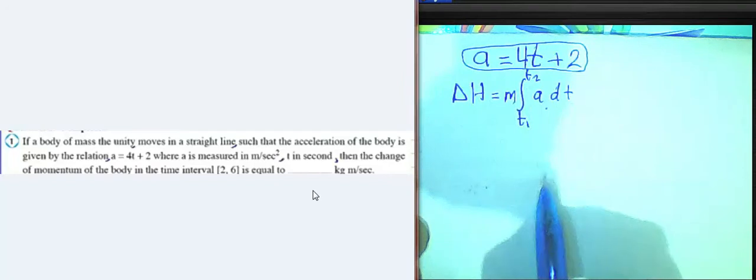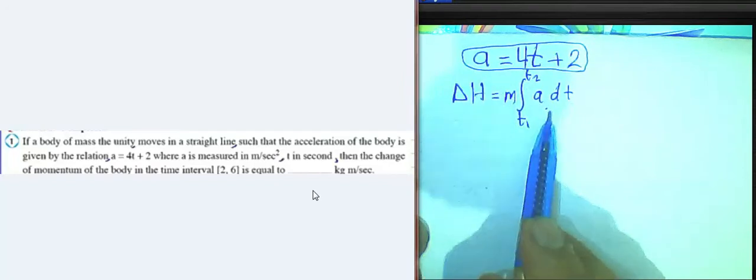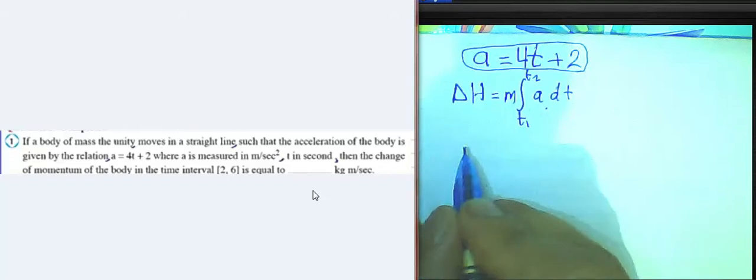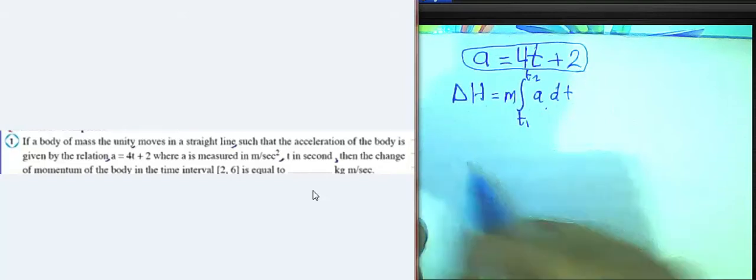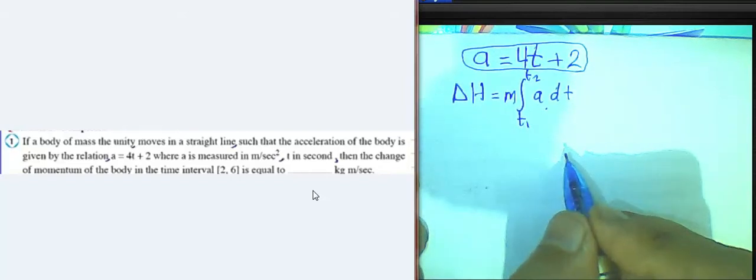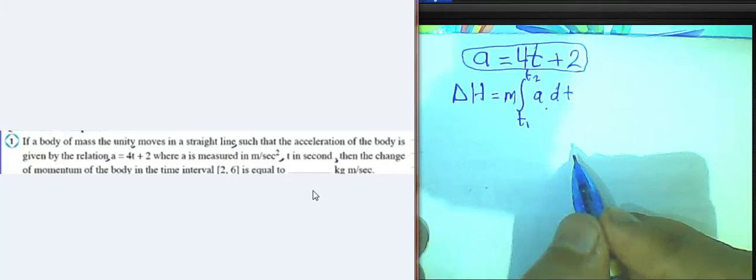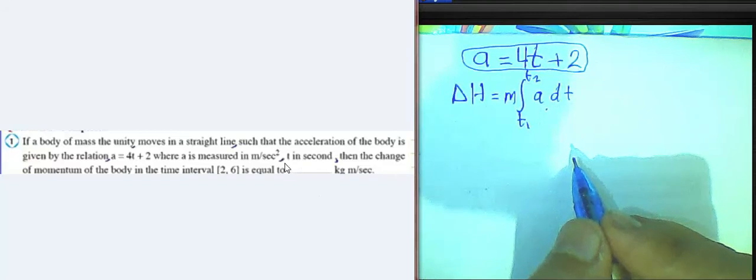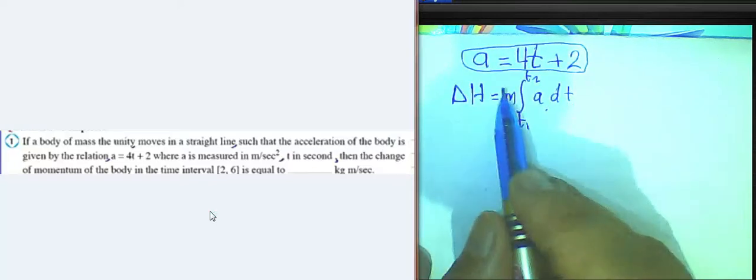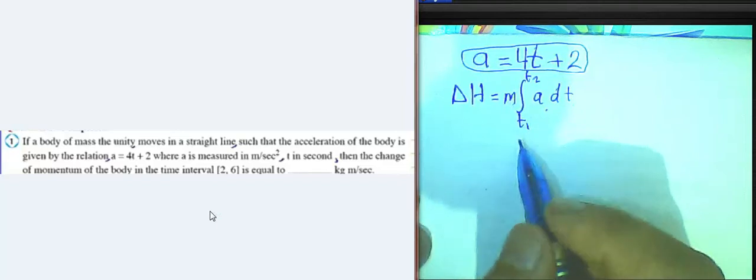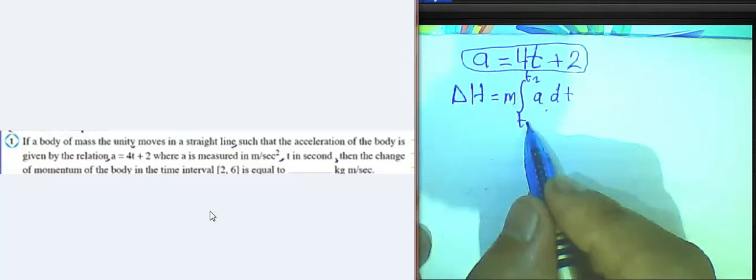We have the acceleration, given by the relation here, and the body of mass unity means m equal 1 kilogram.